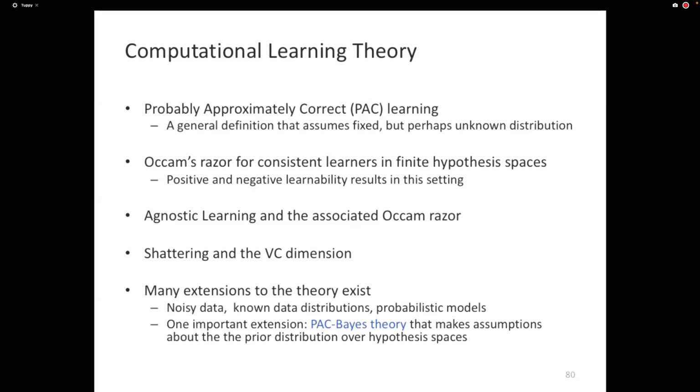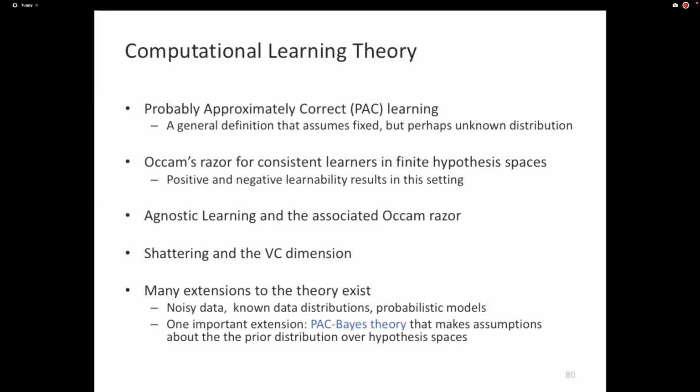It does not say that having a larger function class guarantees that learning will fail. Learning can succeed even if your function class is more complex. But to be able to prove this sort of guarantee, it's better if you have a smaller function class. There are many extensions to this theory.